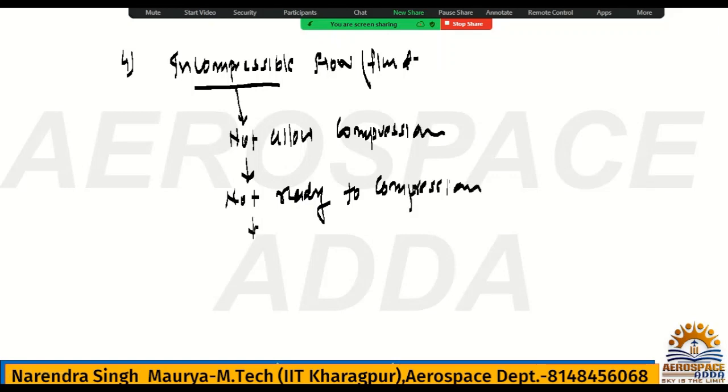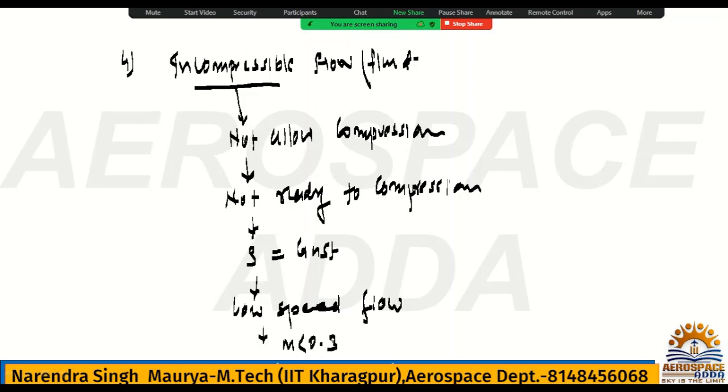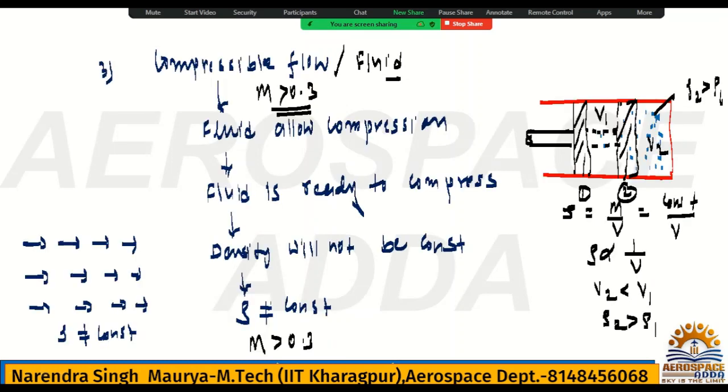And if it is not ready to compress, density will be constant. This is called low speed flow, and for this Mach will be less than 0.3, and the other one is the high speed flow.